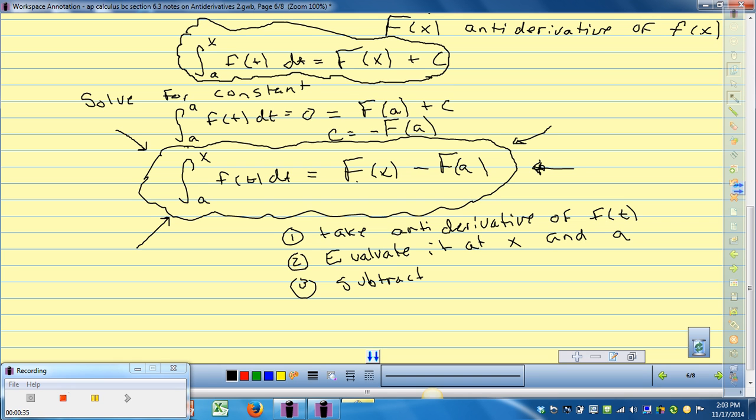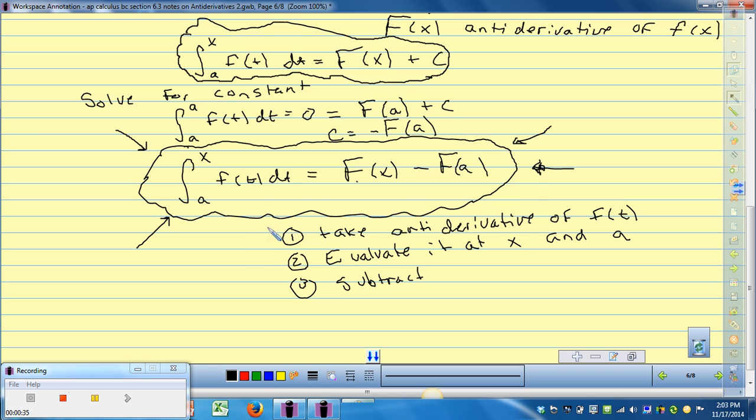What this means is that we now can find the area under curves of things like a cubic function or a fourth degree function or a sine function, where it may not be a simple geometric formula helping us to get to the area.